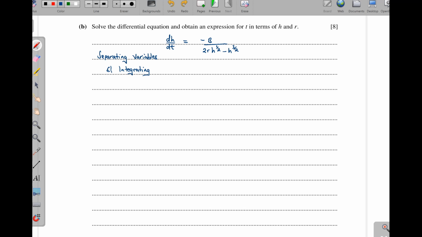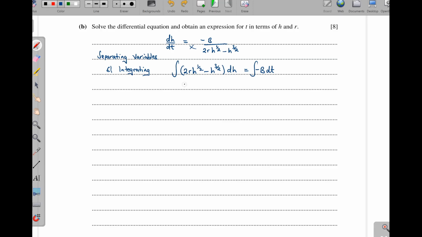When we separate variables, of course, you just cross multiply. So you will get 2r, then h^(1/2) minus h^(3/2), then dh, and this will be equal to negative b dt. Now, we integrate both sides. When we integrate, you increase the power by 1 and divide by the new power.